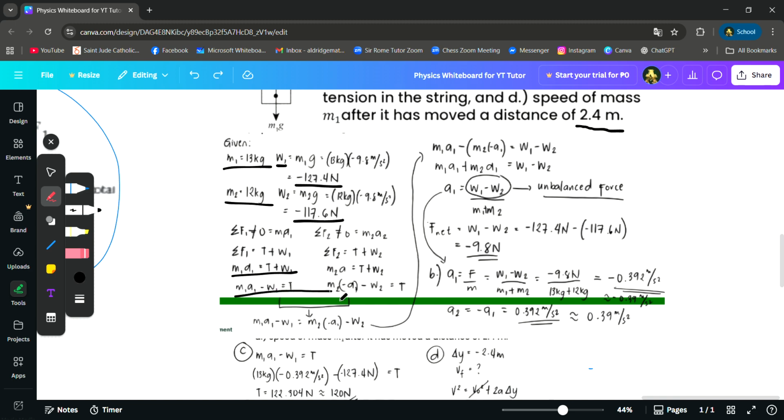Since the two are equal to T, or tension, we can by extension equate the two with each other. So mass 1 times acceleration 1 minus weight 1 equals mass 2 times negative acceleration 1 minus weight 2.